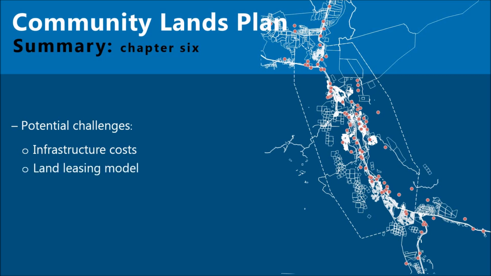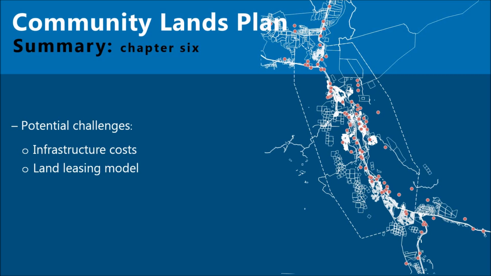The land leasing model: Kwalndun itself will not be selling its settlement land. It needs to lease out land, and there may be people who are unfamiliar with that model. It's relatively new to the Yukon. It's not new in Canada, but it's a model that some people may be suspicious of or somewhat uncomfortable around, and there'll need to be a lot of communication and a lot of education, explaining to people that it's a very workable model, has a long history in other parts of Canada.